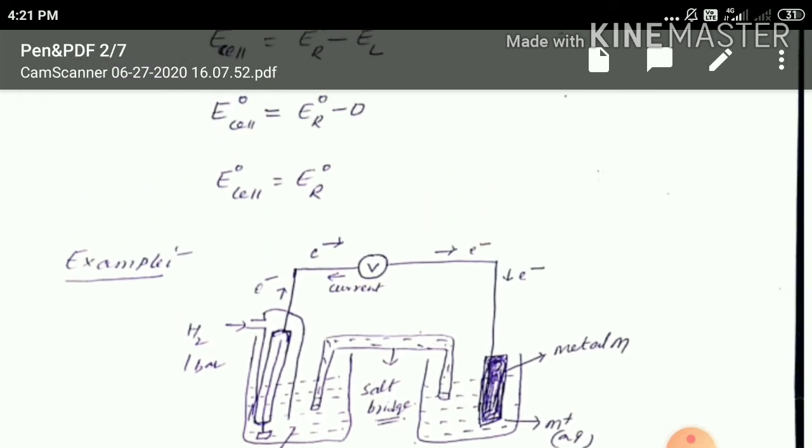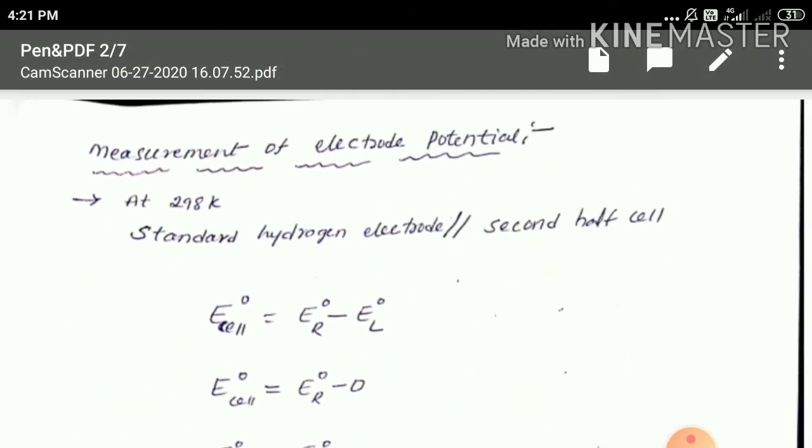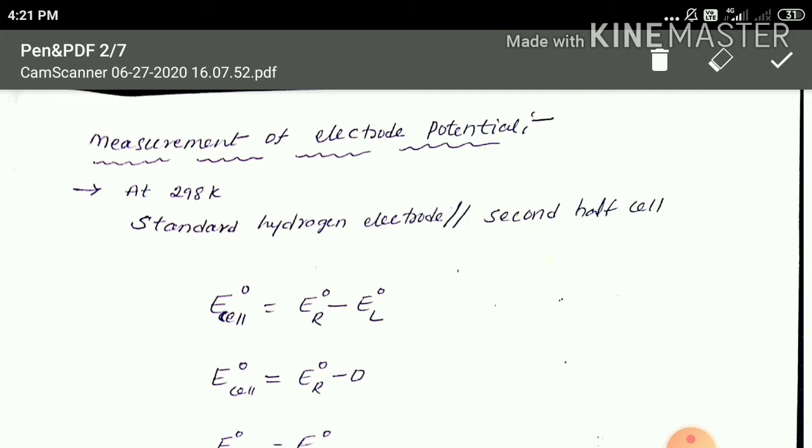So generally, if you take any electrochemical cell, the electrochemical cell consists of two half cells. One is the oxidation half cell, another one is the reduction half cell. According to the IUPAC convention, we have to represent the cell as anode, salt bridge and cathode.